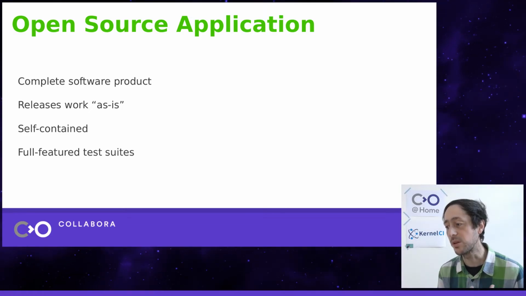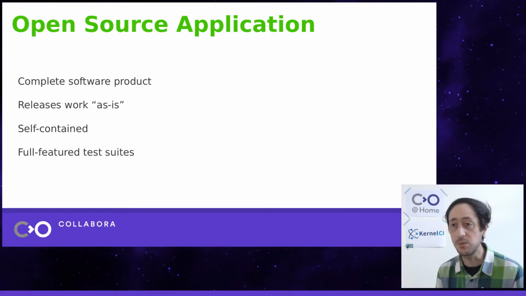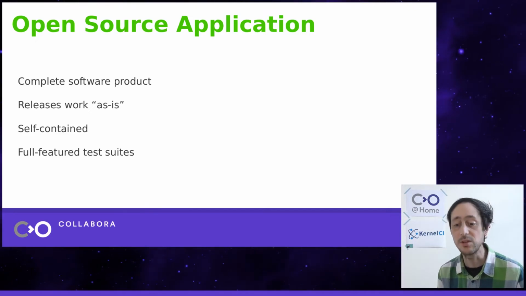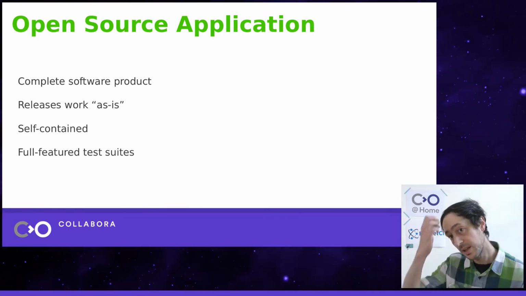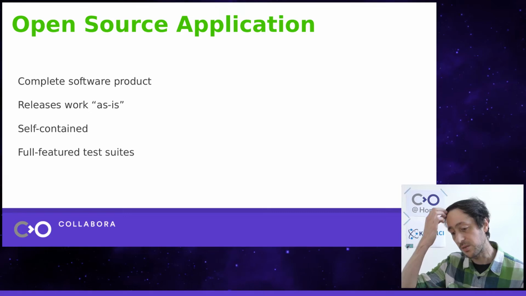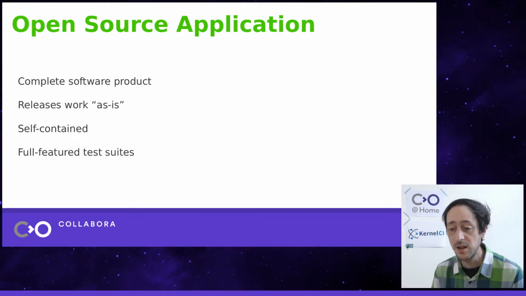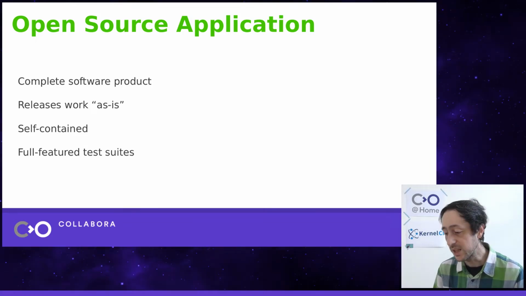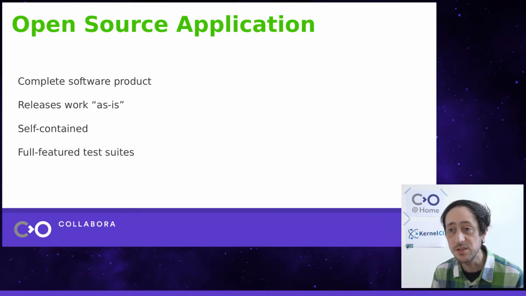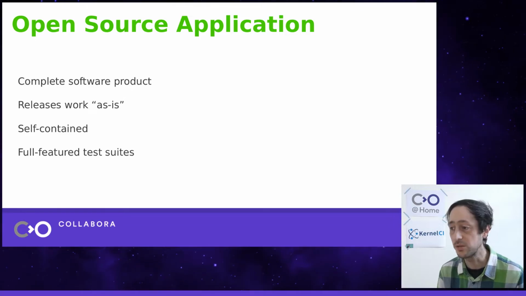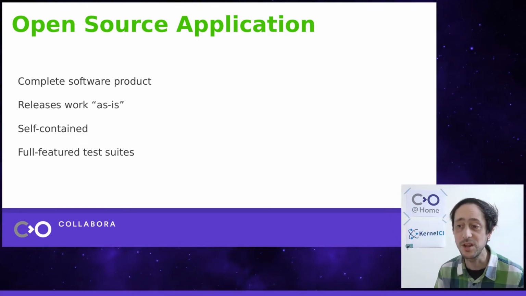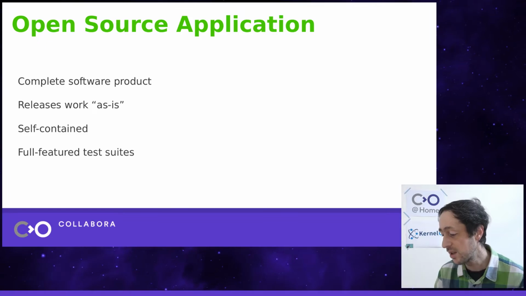So the releases work as is, kind of out of the box. In this case you can directly install them from the releases, or they're distributed with distributions. And they normally contain fully featured test suites that, according to documentation, are run prior to each release.